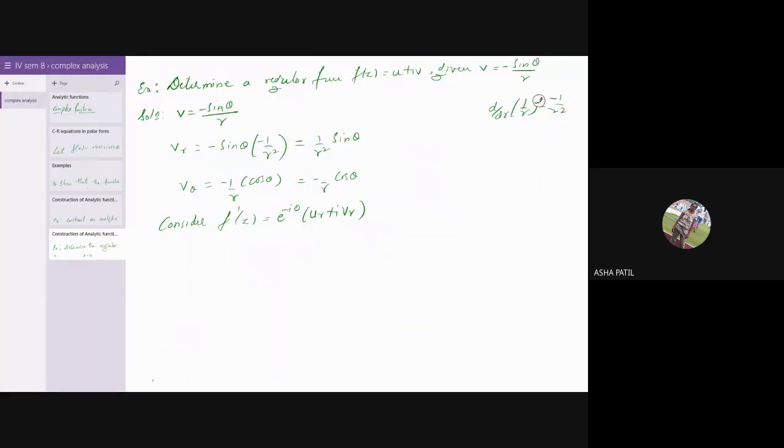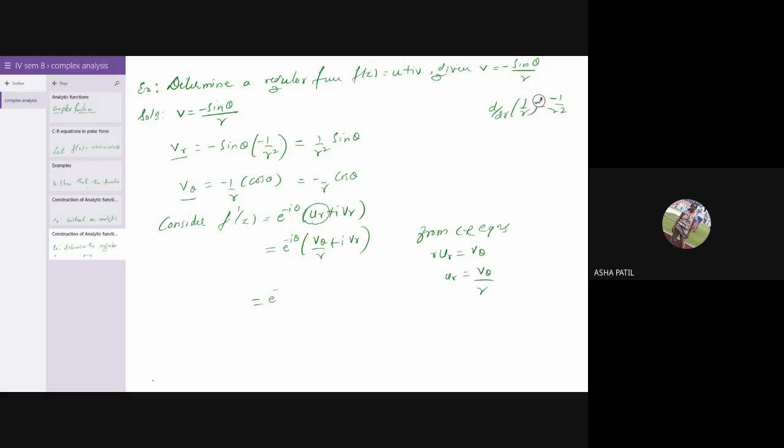Let us substitute for e raised to minus i theta. For ur, we'll substitute v theta divided by r, plus i into vr, which we keep as it is.